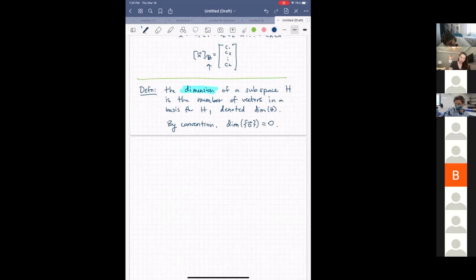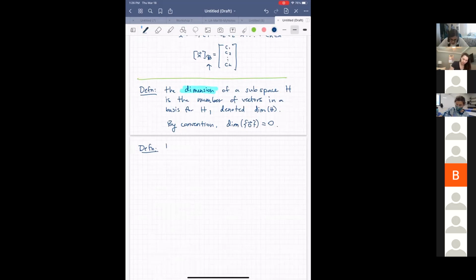So, yeah, we have this idea, and then of course there's this special subspace that we talked about last time, which is the column space. I guess we also mentioned it today. And so it gets its own special name for the dimension of the column space.